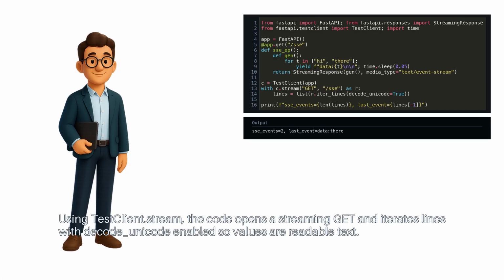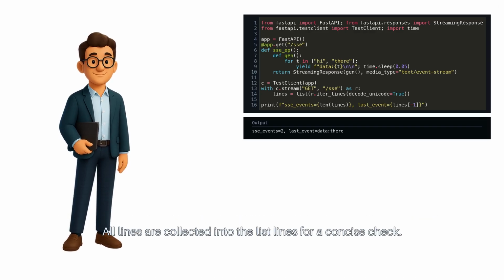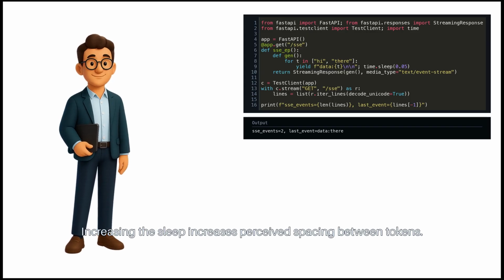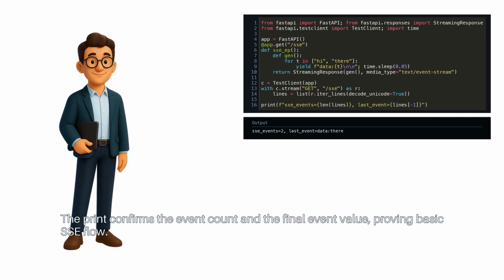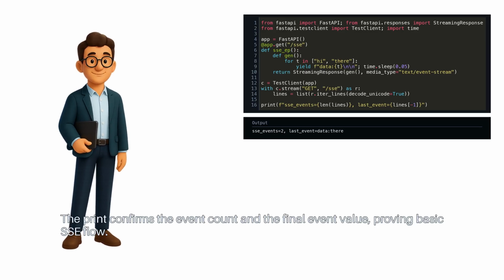Using TestClient.stream, the code opens a streaming get and iterates lines with decode Unicode enabled, so values are readable text. All lines are collected into the list lines for a concise check. Increasing the sleep increases perceived spacing between tokens. The print confirms the event count and the final event value, proving basic SSE flow.